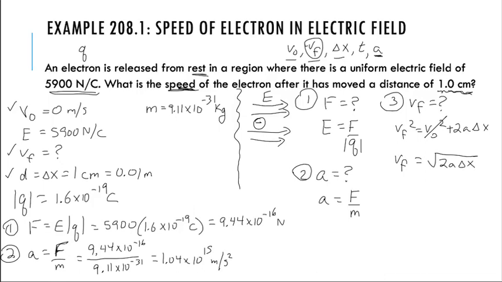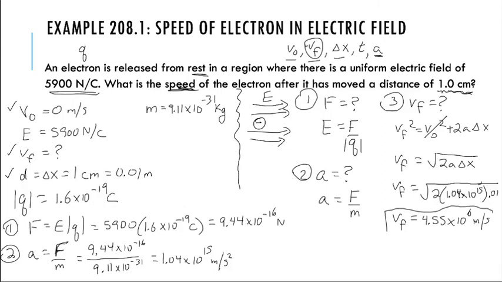Then we plug in the values: v final is equal to the square root of 2 times 1.04 times 10 to the 15 times delta x, which was 0.01. Plugging all of that in the square root, we get 4.55 times 10 to the 6 meters per second. So that is our final speed.